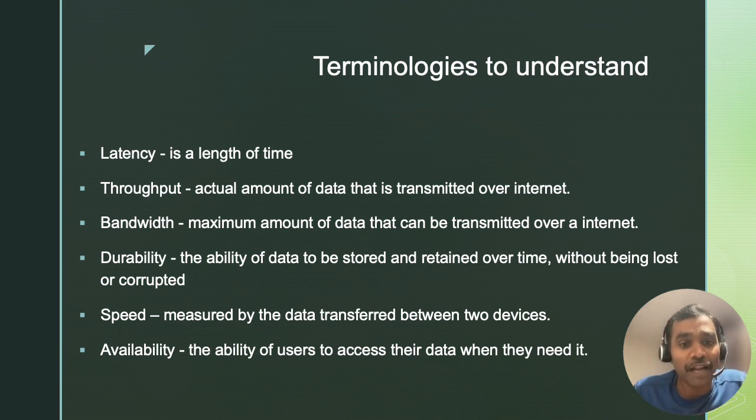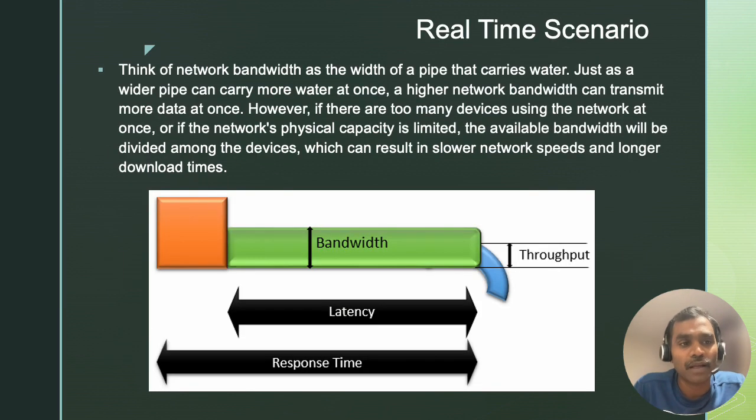Let's talk about some real world examples so that we become more familiar with these keywords. Think about a pipe. If you ask me about bandwidth, this pipe can hold 1,000 gallons of water. Every minute, if we send 100 gallons of water, then the throughput would be 100 gallons.